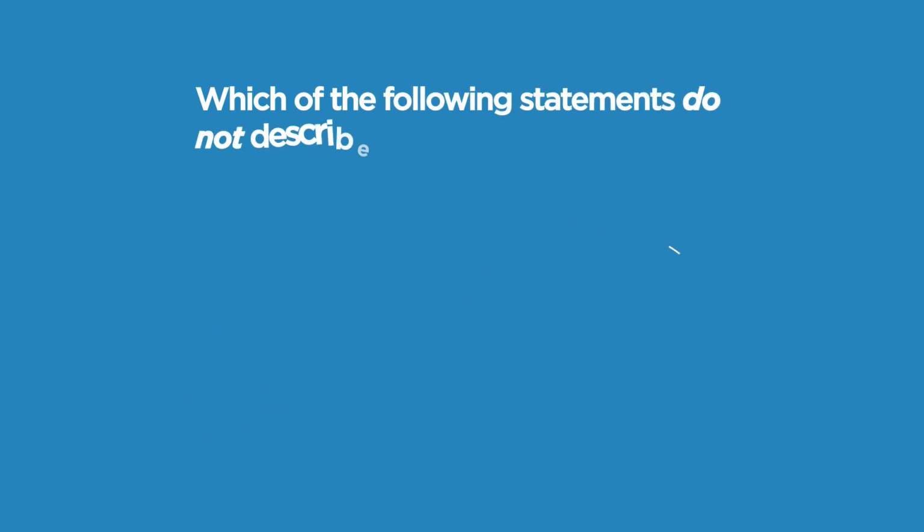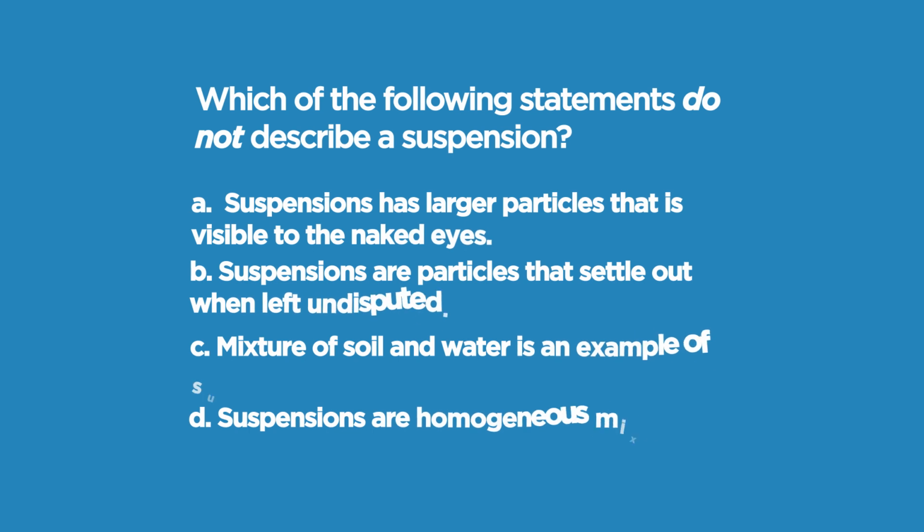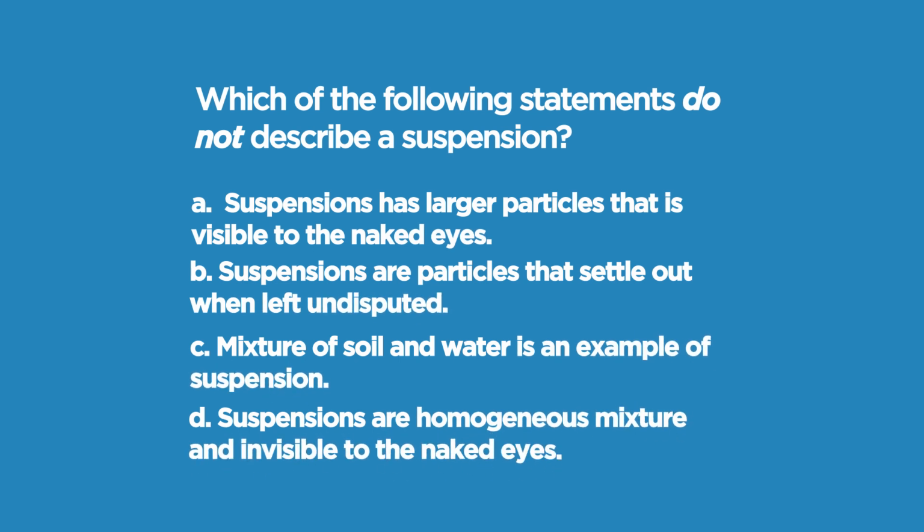Number 5. Which of the following statements do not describe a suspension? A. Suspensions has larger particles that is visible to the naked eyes. B. Suspensions are particles that settle out when left undisturbed. C. Mixture of soil and water is an example of suspension.